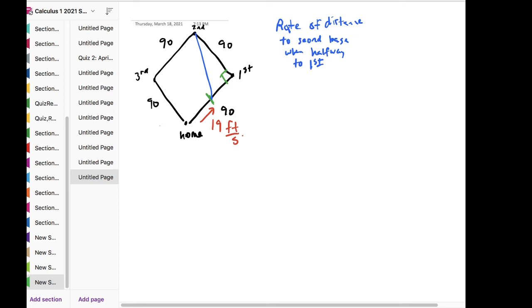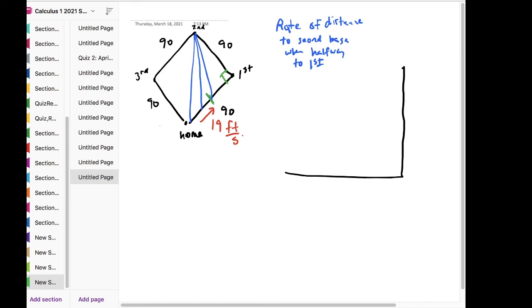So what is fixed between all of these triangles? What's a fixed value? Yeah, 90 degrees, the height of the triangle. This is always going to be 90 degrees, and this is always going to be a right triangle.